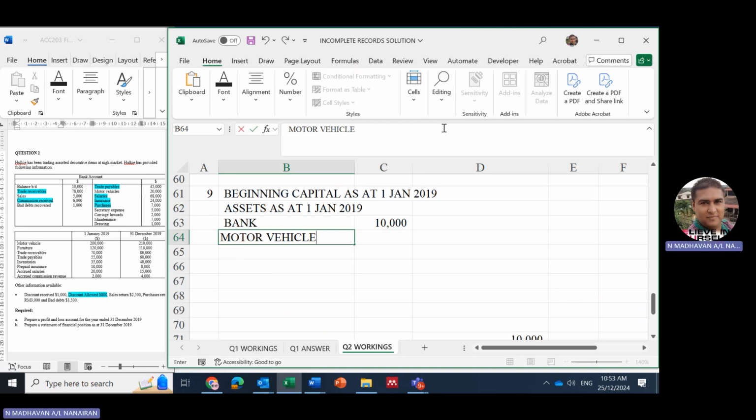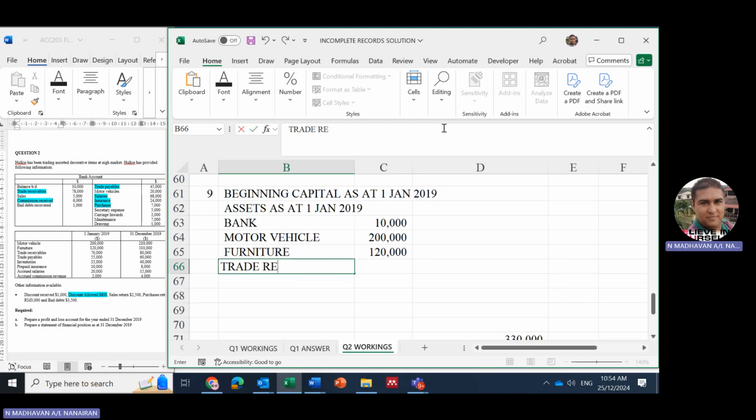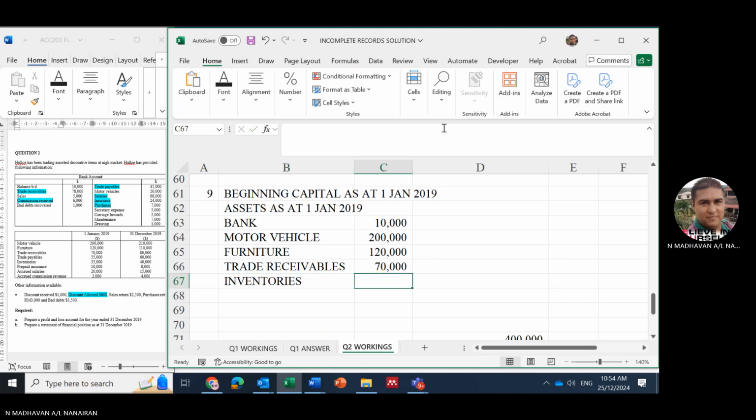Motor vehicles, how much? 200. Furniture? 120. Trade receivables? 70. Next. Inventories? 35.